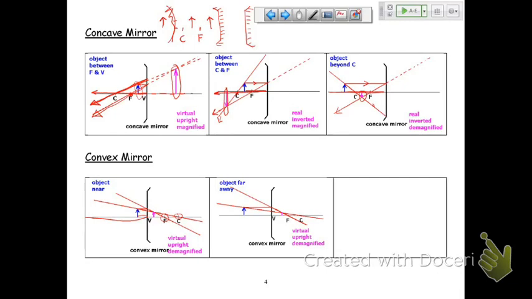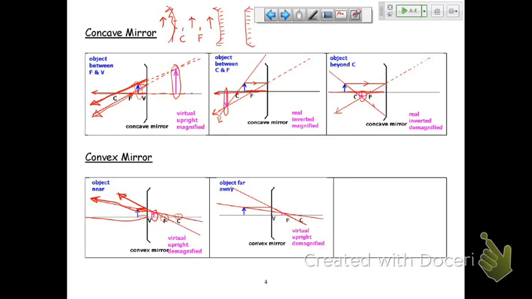Well, it bounces off in that direction, I'm sorry. So that goes like that, and then it goes up like that. And then the other one, which goes from the top of the object through the center of curvature, again hits the mirror and bounces back again. And these never match up, so we back project them, and there's our image.